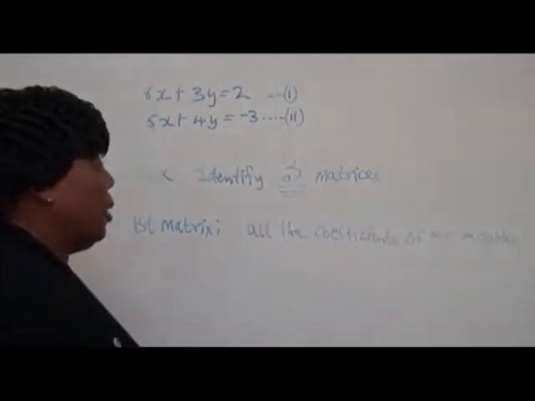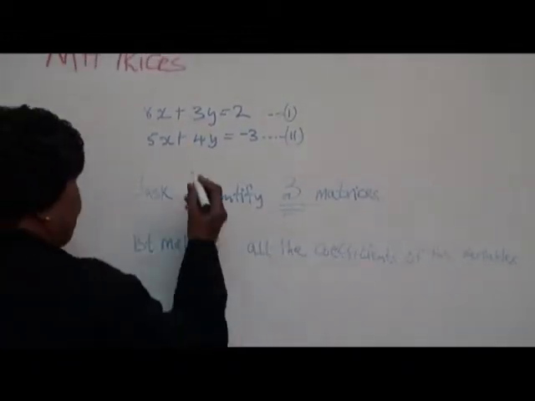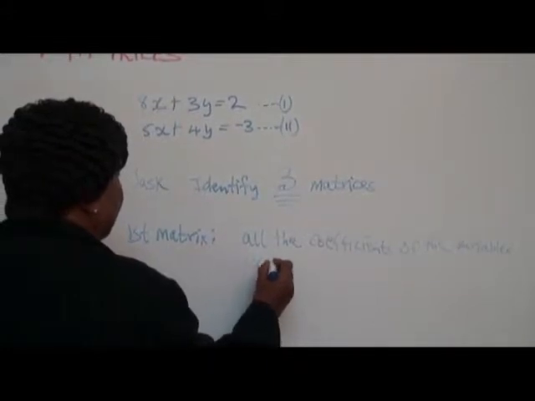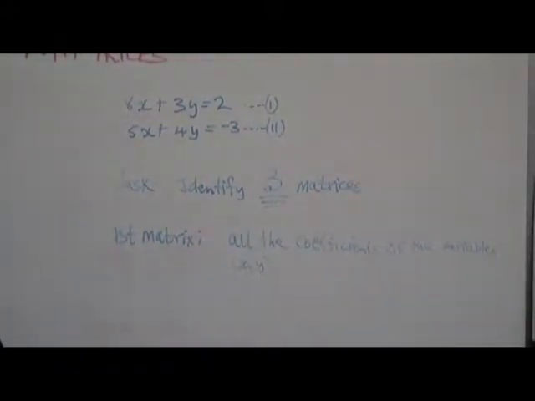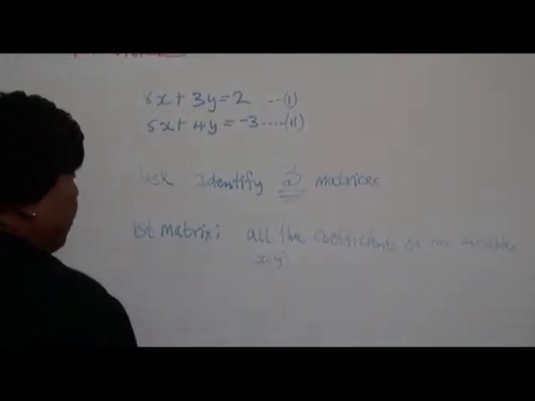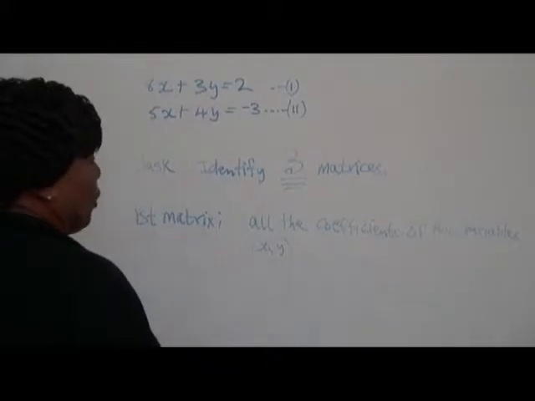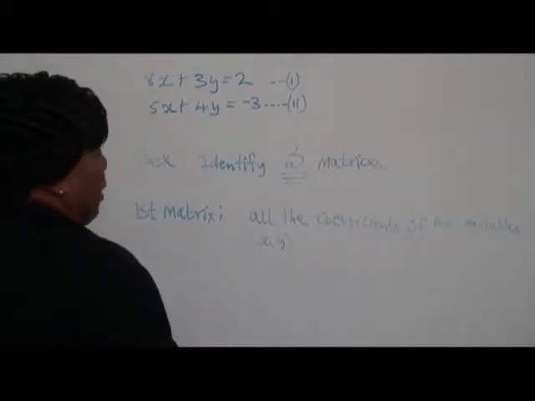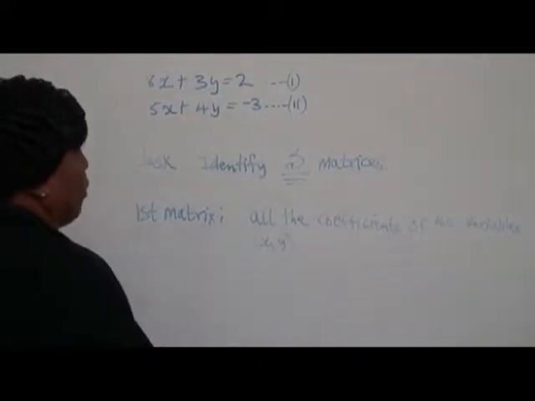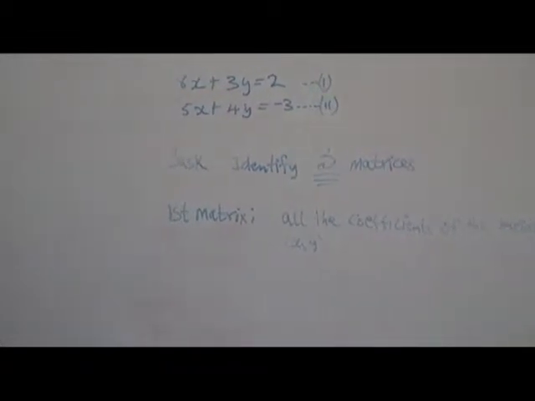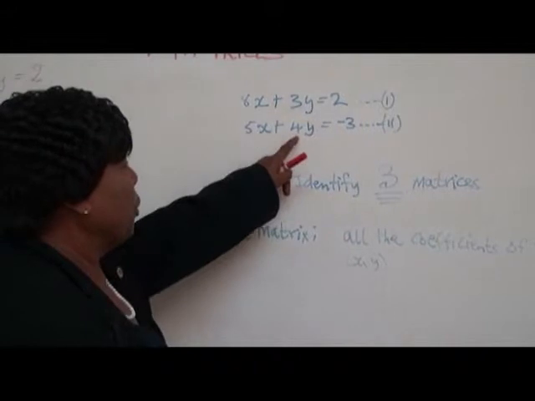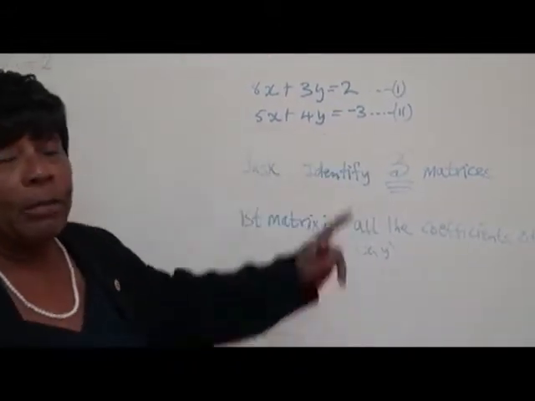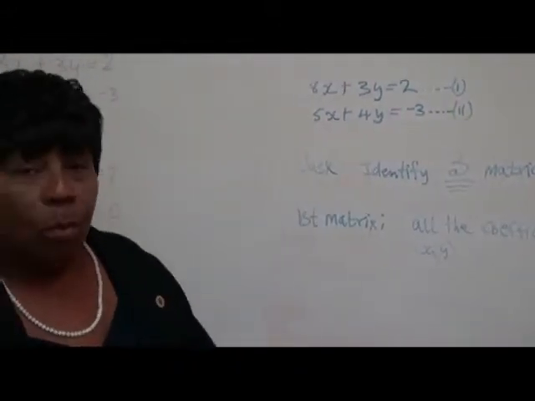And of course, we know the variables are, in this case, x and y. So the first matrix will be made from all the coefficients of the variables. And by that, I mean the numbers in front of the letters. So what am I saying?